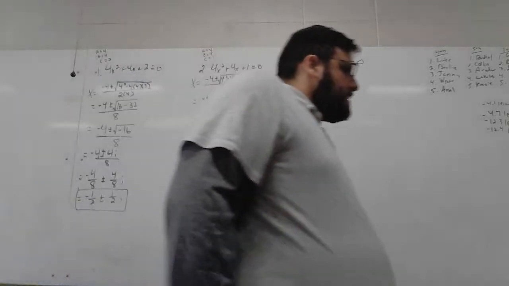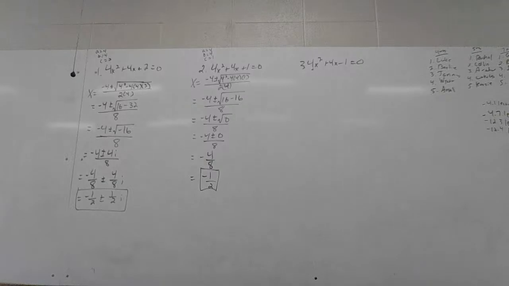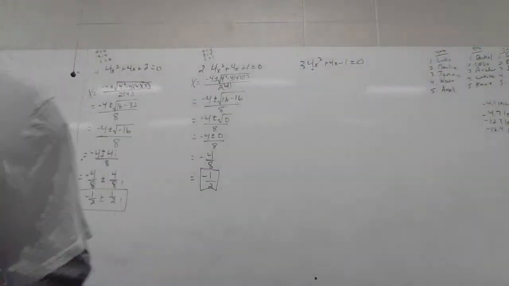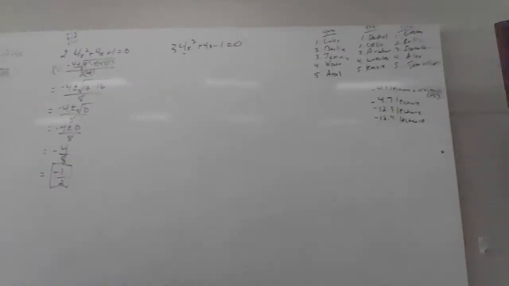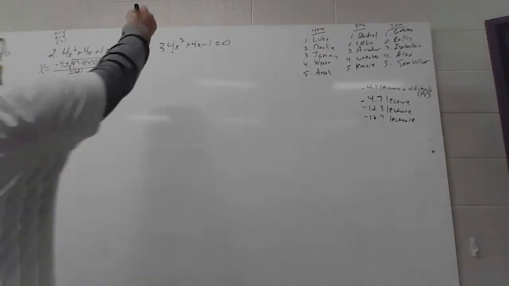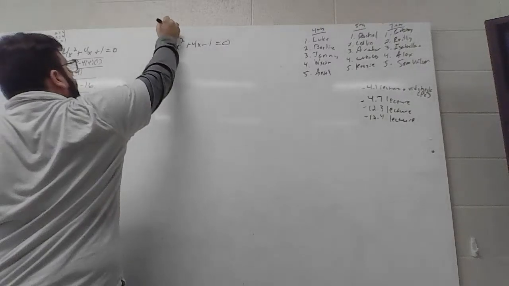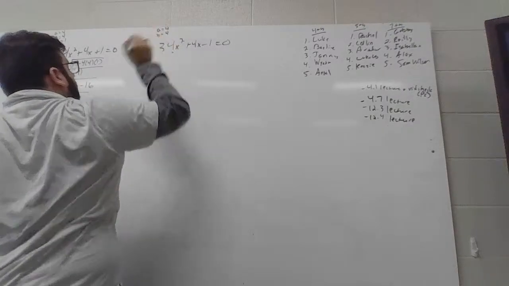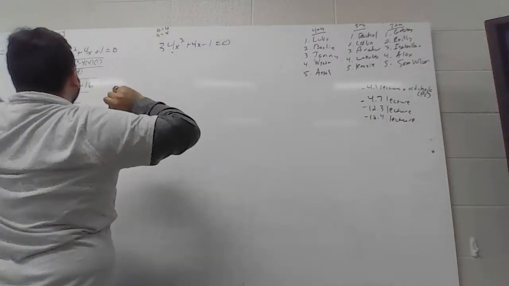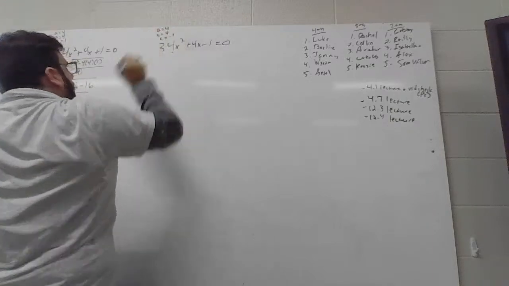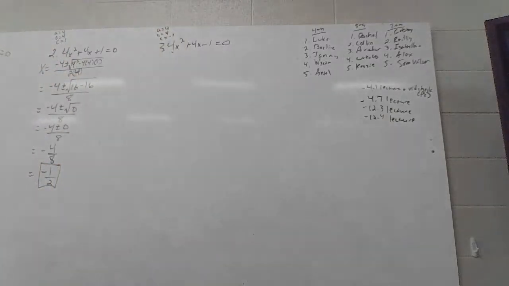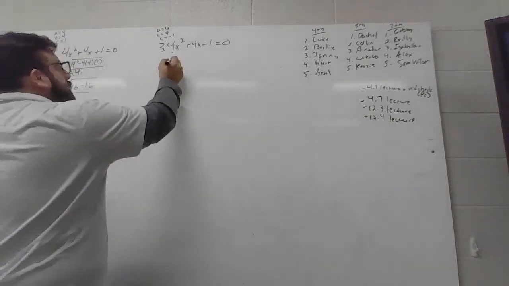Now let's go to our last example. Same A, same B, but this time, instead of my C being 1, now my C is -1. Let's see how that affects this problem.